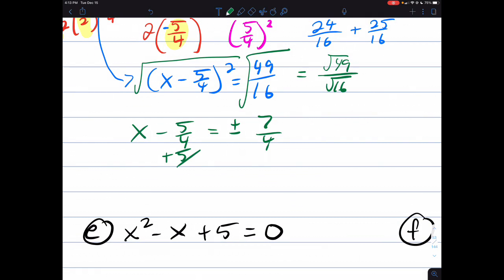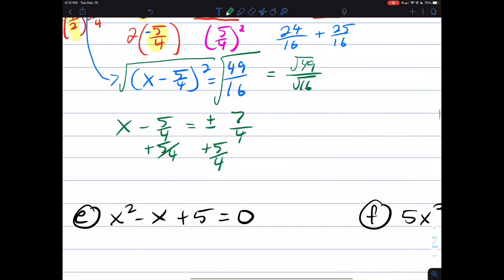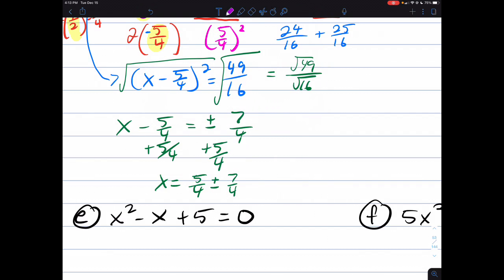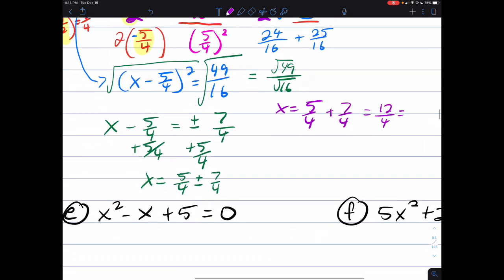I'm going to add 5 fourths to both sides. So I have x equals 5 fourths plus or minus 7 fourths. And we can definitely combine those. 5 fourths plus 7 fourths is going to give us 12 fourths, which is 3.